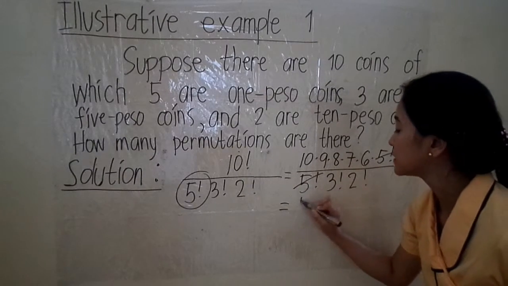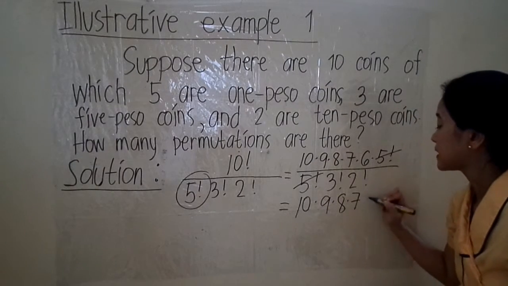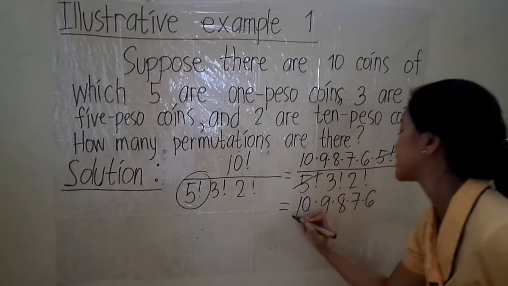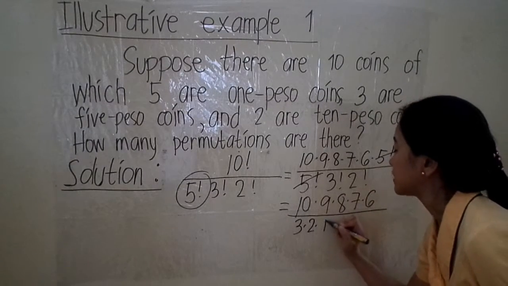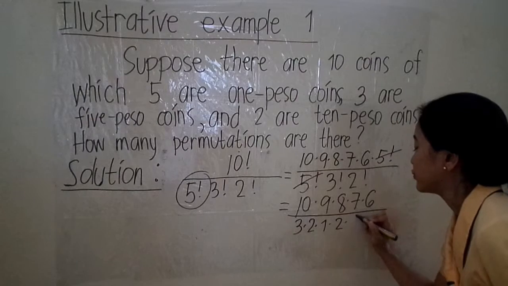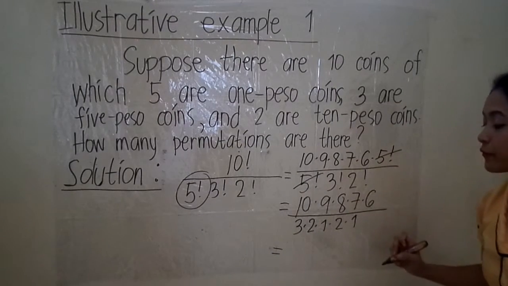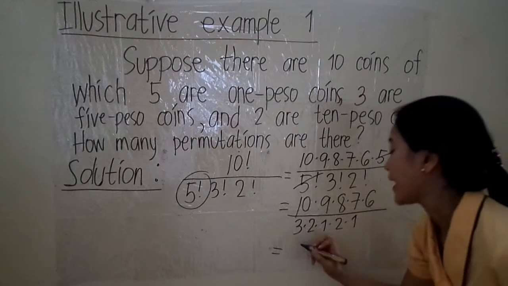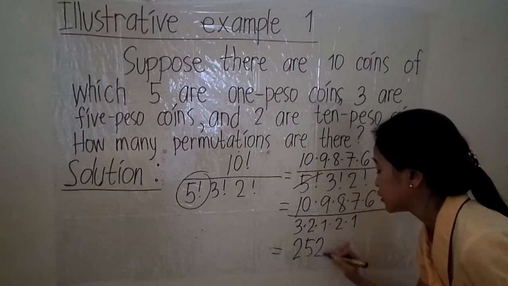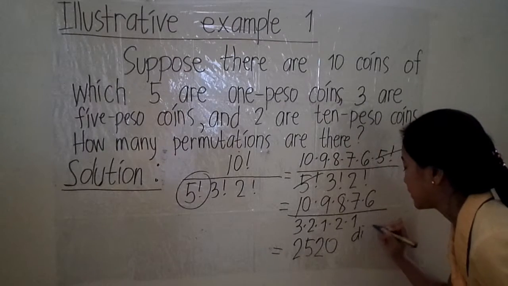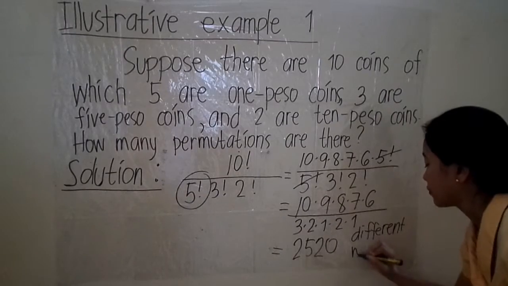So this becomes 10 times 9 times 8 times 7 times 6 over 3 times 2 times 1 times 2 times 1. So the total number of permutations, in different ways, we have 2,520 different ways.